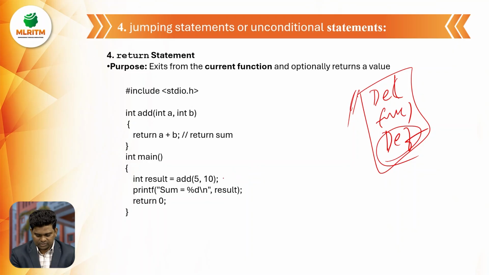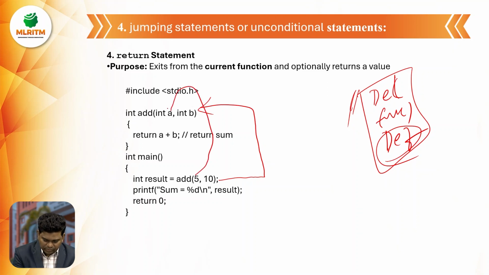At the same time, the value 5 is copied into a, and 10 is copied into b. Now the function can execute and then exit. This time the function consists of only a return statement, because we are discussing the return statement.